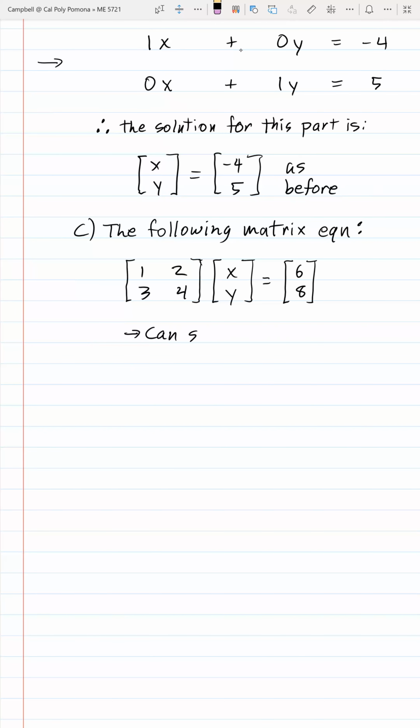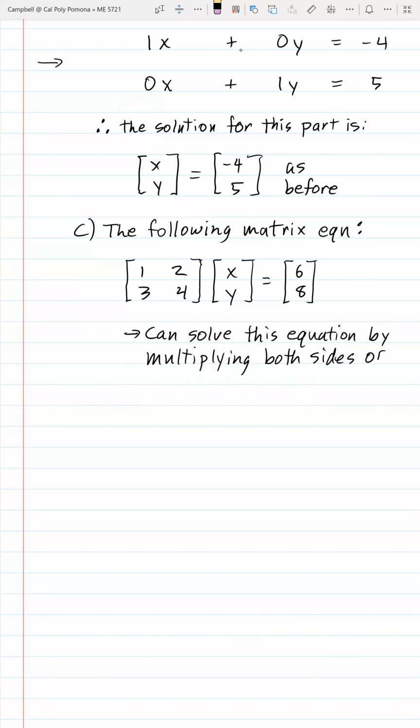So we can solve this equation by multiplying both sides of the equation, and this time I'll shorten equation, by what are called elementary matrices.